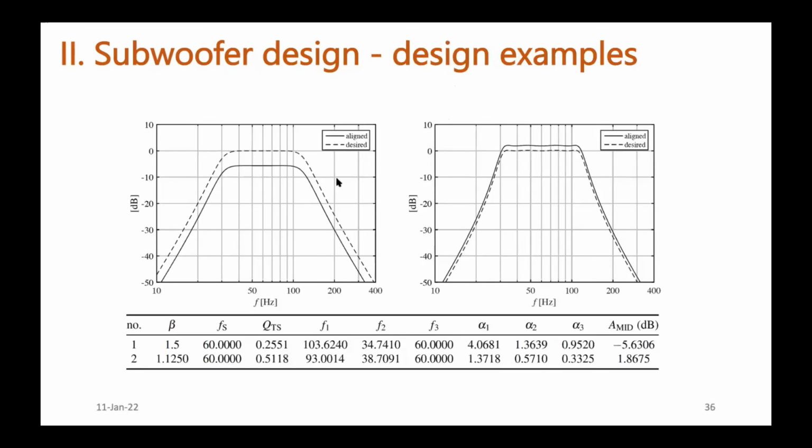And here I give 2 examples. The first is a Butterworth shape, and the second is an equal ripple response. And the dashed line gives the desired response, and this solid line gives the system response.